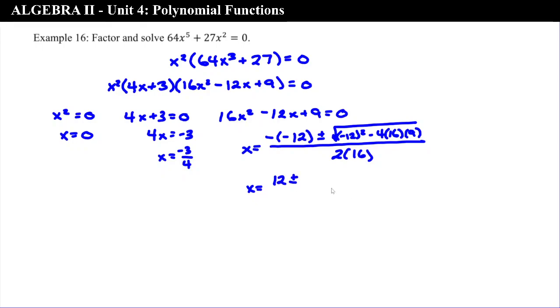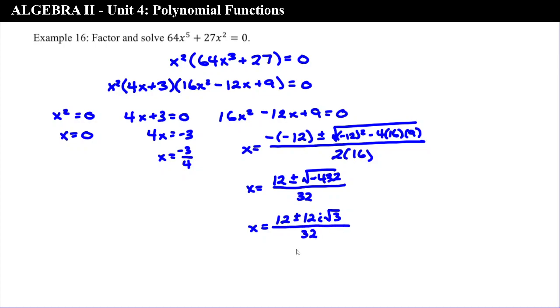When you do the math under the square root, you end up with negative 432. So the discriminant's negative. That means we're going to have some imaginary solutions. And then 2 times 16 is 32. Let's continue to clean up a little bit. If we simplify that radical, we're going to end up with 12i square root of 3.